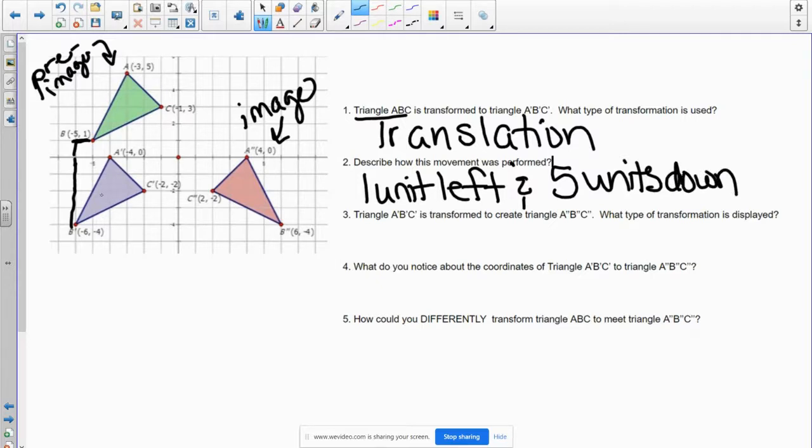So now we have it on the purple. It says triangle A prime, B prime, C prime is transformed to create A double prime, B double prime, C double prime. What type of transformation was shown? Again, we'll go through our thoughts. It can't be a translation because it's changed the orientation, the way it's pointing. B was pointing this way, now B prime, double prime is pointing this way. Not rotated.